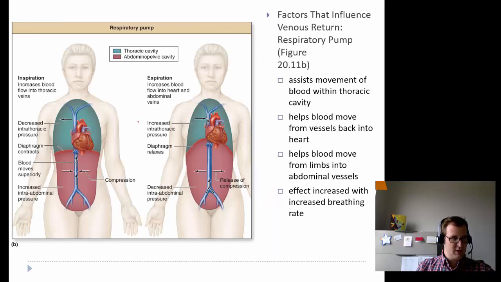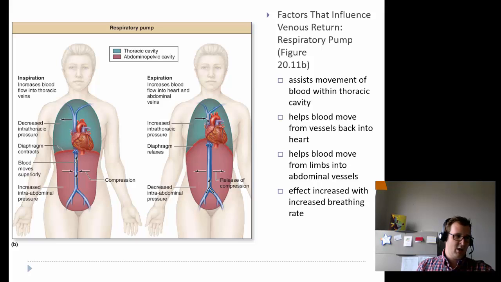Another way we can do this is by respiratory movements. If you can imagine that your body cavity, your thoracic cavity and your abdominal cavity, is like one giant egg with a membrane across the middle of it. If you shift that membrane one direction or the other, it changes the volume in the two different cavities. Whenever you breathe in, your diaphragm contracts and stretches out your thoracic cavity.